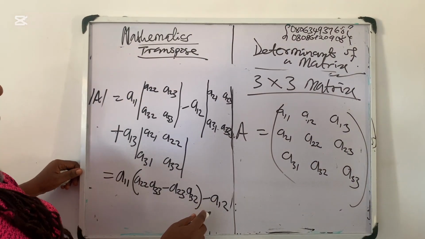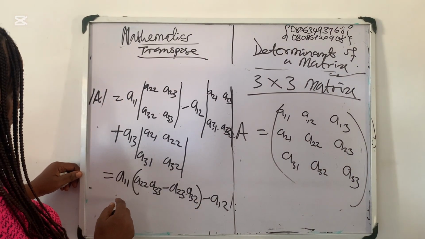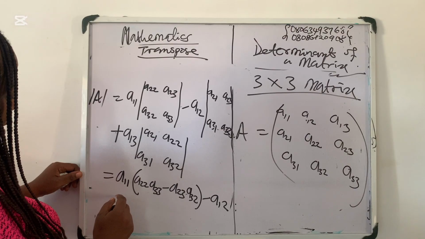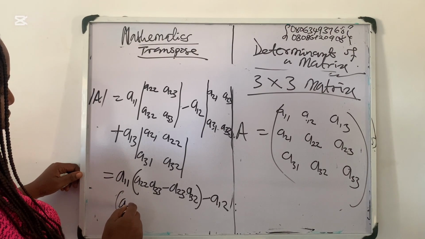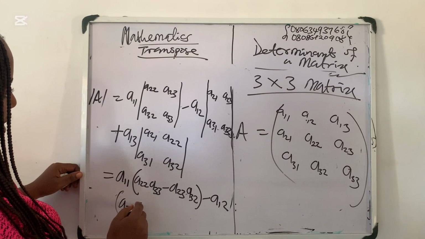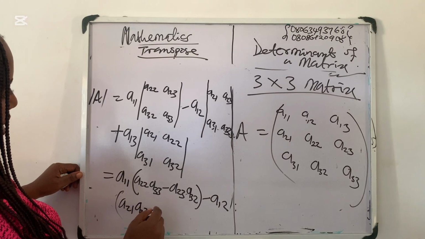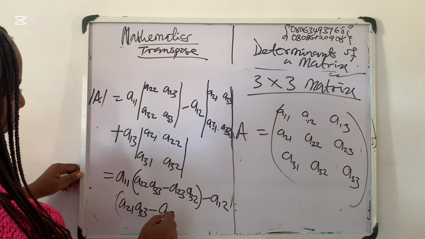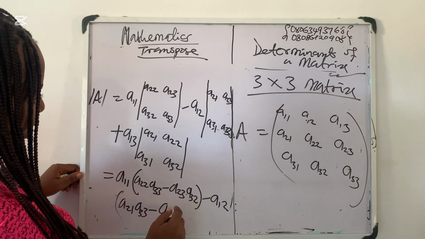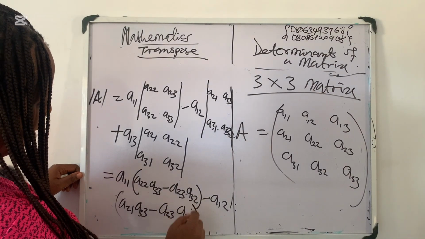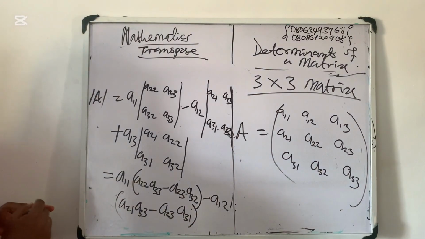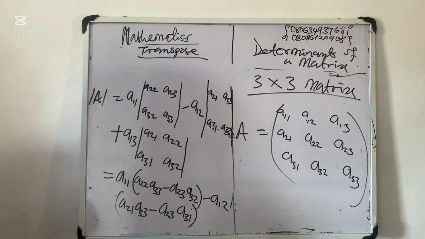This is minus A12, the second one. It will now be bracket open, A21 times A33 minus A23 times A31. Anything it gives us becomes the value for the determinant.